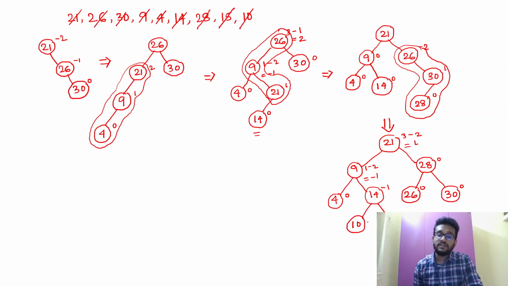Here it is 0, and the updated balancing factors are basically: here it is 0, and here it is 1 minus 2, it's minus 1, and here it is 1, 2, 3 minus 2, it is basically 1. So it is still balanced after inserting this one.